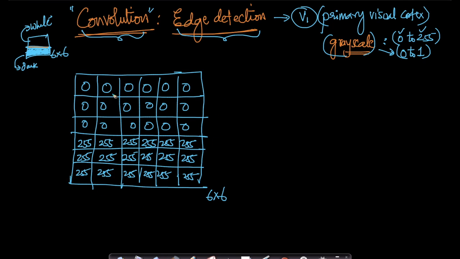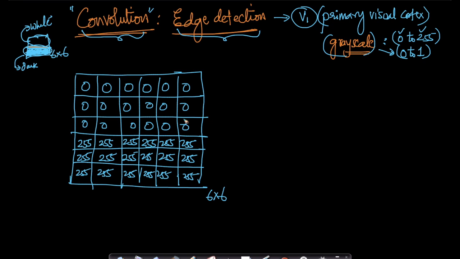Now, these pixels are all white and these pixels are all dark, so there is a difference in colors from here to here. That's why my eyes see an edge there.